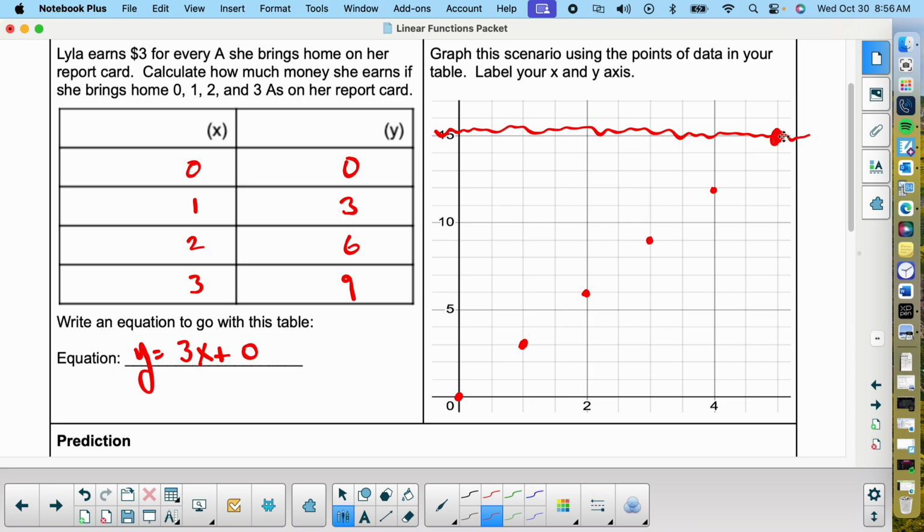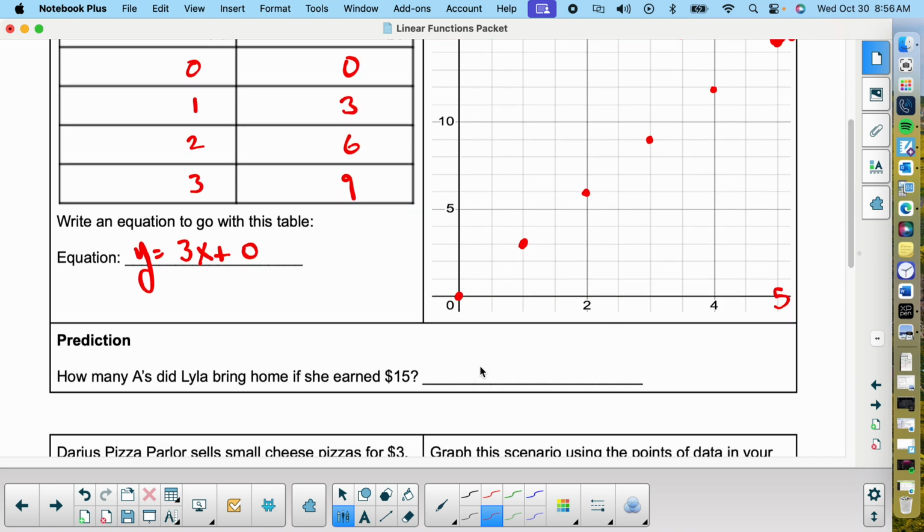And it looks like it should happen at 5 A's. Now you could have figured that one out by just dividing by 3 on this problem. But for the rest of these problems, it's kind of how it's going to work, where you just follow the dots until it hits the spot we are looking for. So then I would say 5 A's.